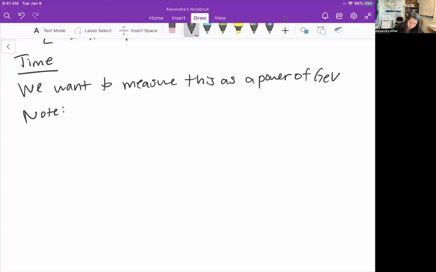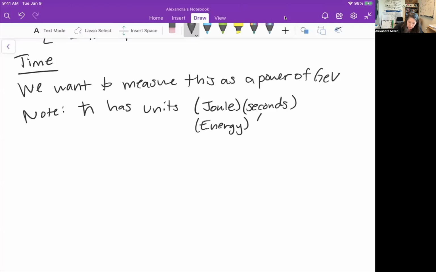1. So recall that h bar has units which can be expressed as joule times seconds, or I guess more generally, energy times time.